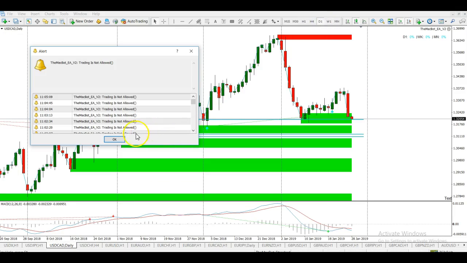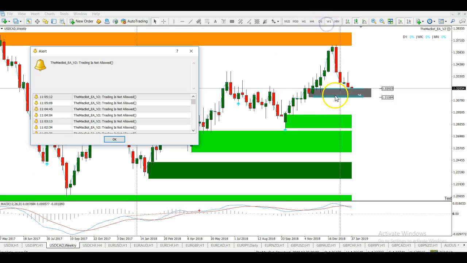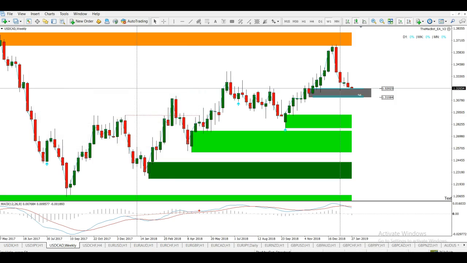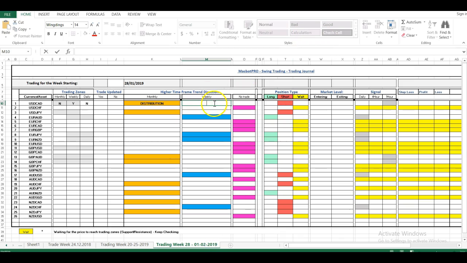The daily's definitely down, but the weekly, so I'm making a bounce here. Okay, weekly. Up.